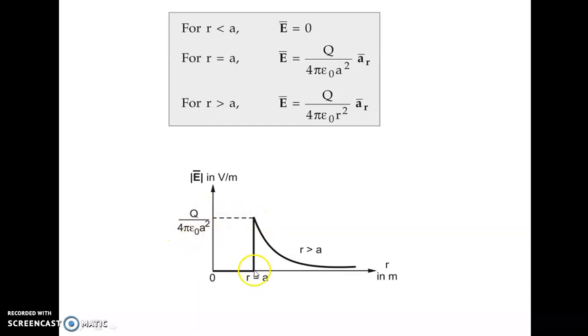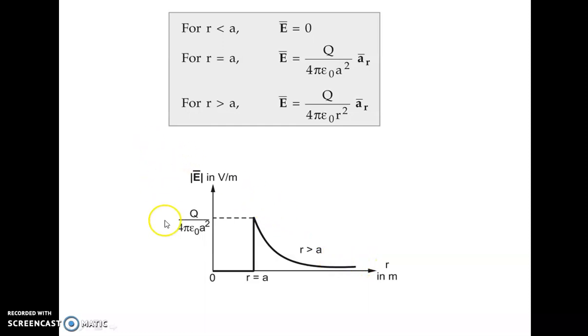At this point the point lies on the sphere, so you will get maximum electric field intensity. As the Gaussian surface radius increases, the distance between the charged surface and the point will be larger, so the electric field intensity starts to decrease.